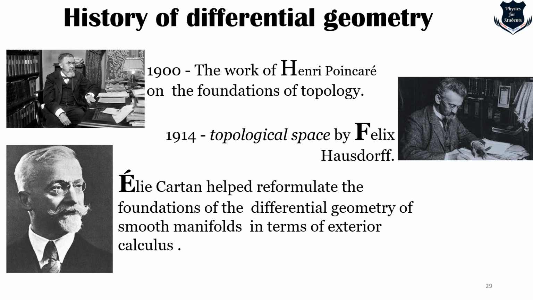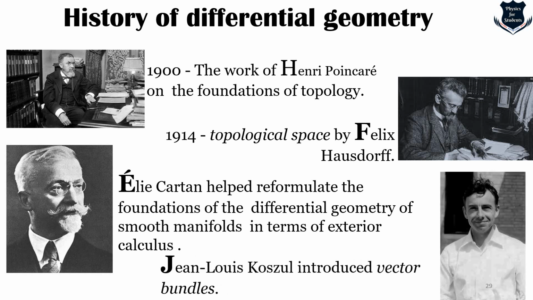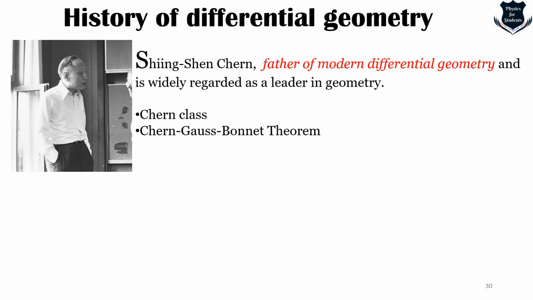Following the early movements, many mathematicians contributed to the developments, including Jean-Louis Koszul, who contributed connections in vector bundles. Shiing-Shen Chern, who introduced characteristic classes to the subject and began the study of complex manifolds, is often considered to be the father of modern differential geometry.